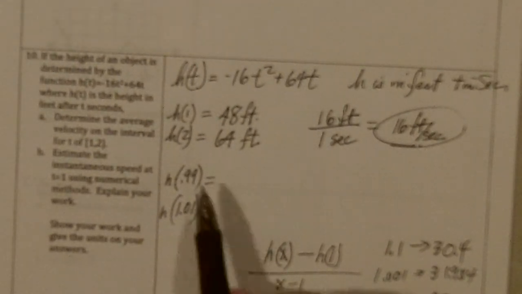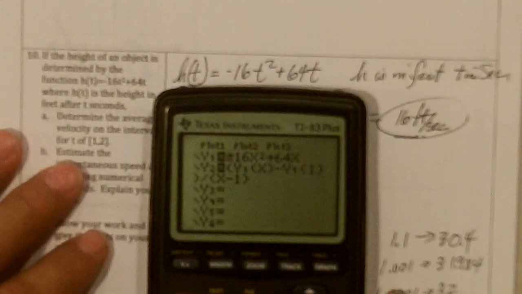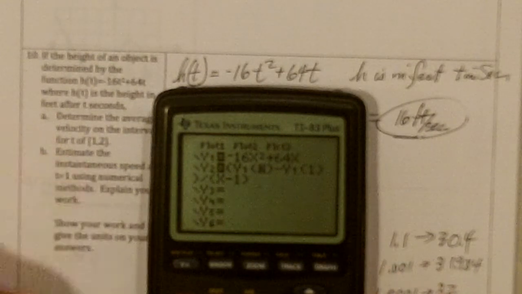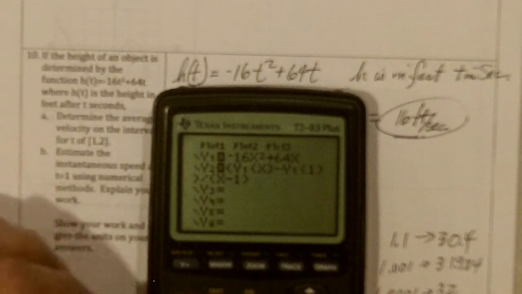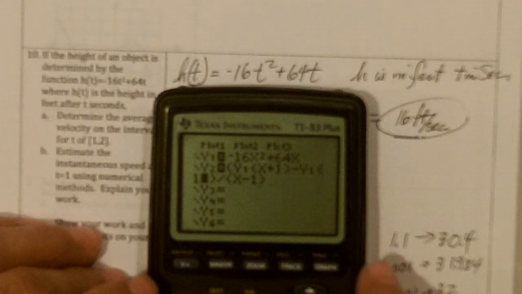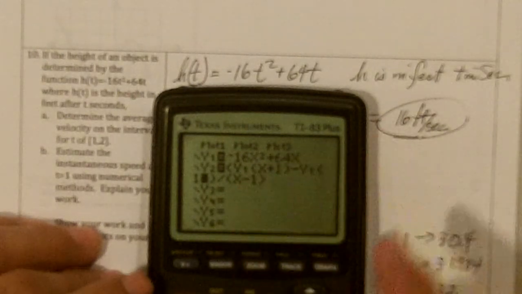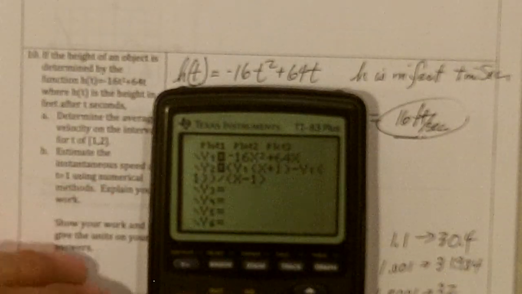Okay, now let's do it this way. Now I'll just show you how that works. So I can go to y1, and now instead of putting x and something here, I'm going to change the x to x plus 1, second insert, and then I'm going to do an x, so x is how much I'm going to add to the 1 to be a little bit above it, and x is also how much I subtract to get a little bit below 1.